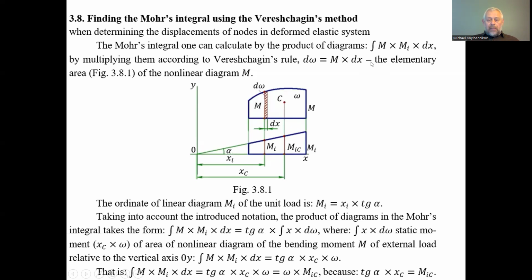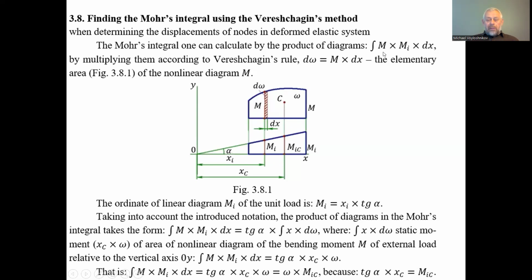The assumption for use of the Vereshchagin rule is that we take the diagram of the bending moment under the action of the external load on the element of the mechanical system and the bending moment diagram under the action on the mechanical system of the unit load in the required direction of finding the displacement.